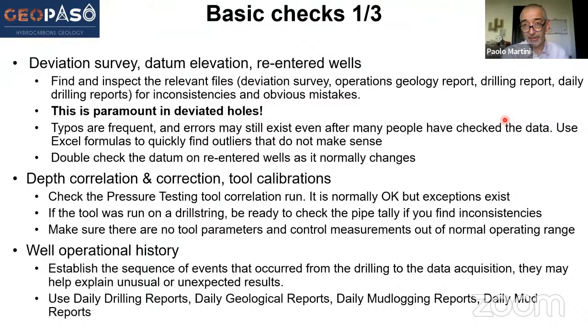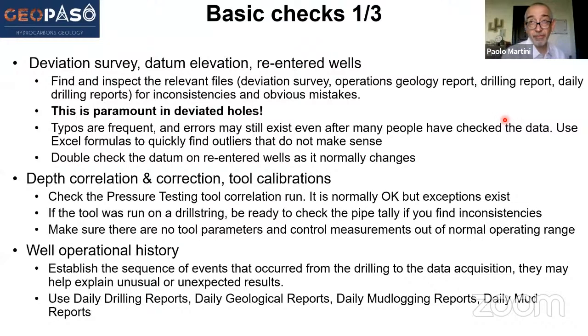Sometimes even a correlation run can be a little bit subjective. So there might be small depth errors, and sometimes even small depth errors, when you're looking at subtle pressure variation, as we will see later, can make a difference.